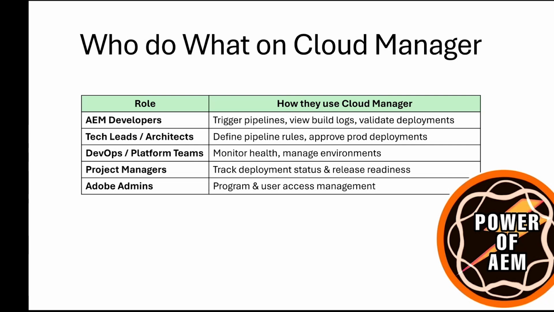A project manager can check the status of the deployment and provide the release notes accordingly. And Adobe admins can see the overall access management and the program management. In one program, you might have multiple different environments, so they can take a decision, and with the help of architects and platform team members, they can start leveraging, or spin up or spin down any of the environments based on their business need.